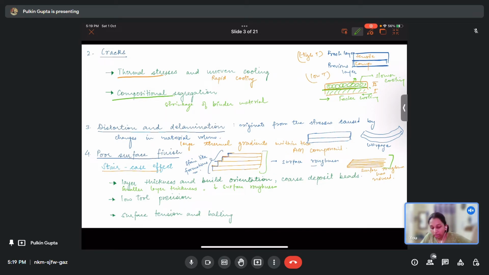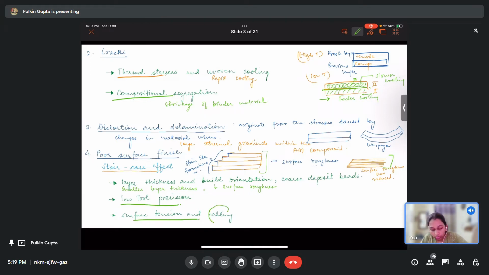Now another factor for poor surface finish is low tool precision. Okay, so lower the precision, higher will be the surface roughness. Okay, and then there are surface tension and the balling effect.